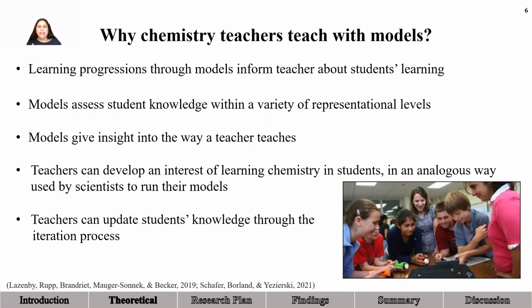Models give insight into the way a teacher teaches chemistry in the classroom. Teachers can develop an interest in learning chemistry in students in the same way scientists run their models. Teachers can also update students' knowledge through the iteration process of modeling.